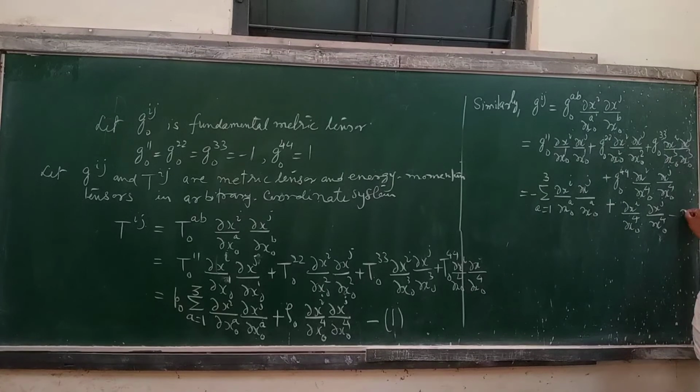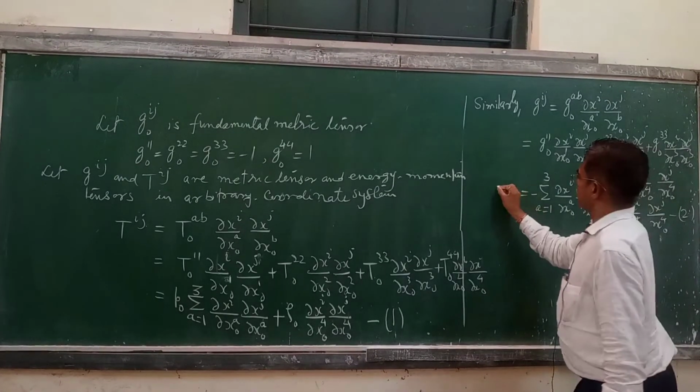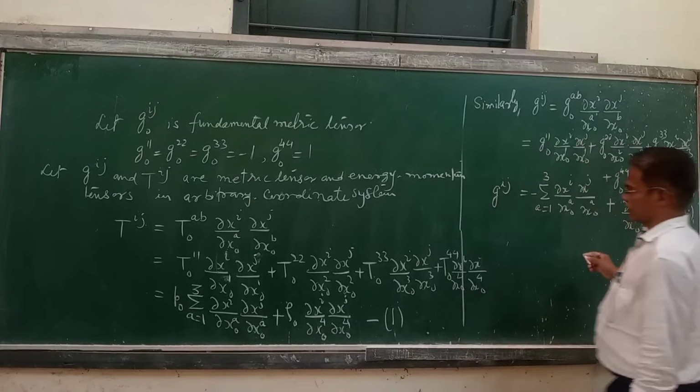So this is equation number 2, meaning gij is equal to this.